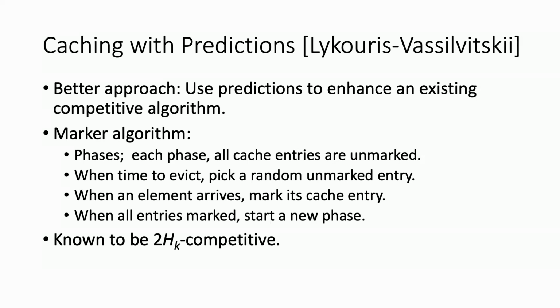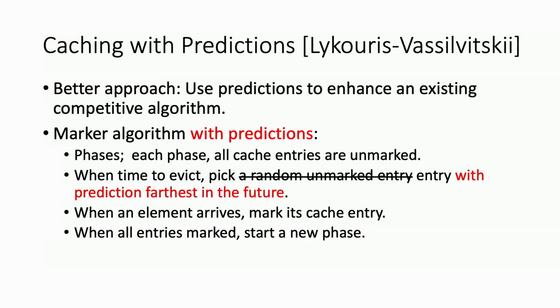So the marking algorithm is known to be 2H_K competitive. H_K is that harmonic number thing, 1 plus 1/2, 1/3, up to 1 over K, which is approximately log K. So they said, well, let's just change that. Let's figure out the marking algorithm with predictions.